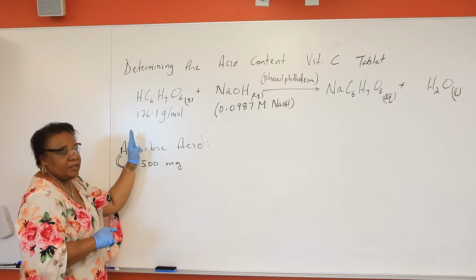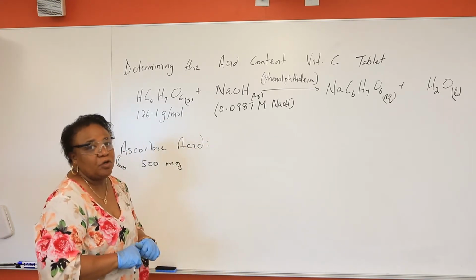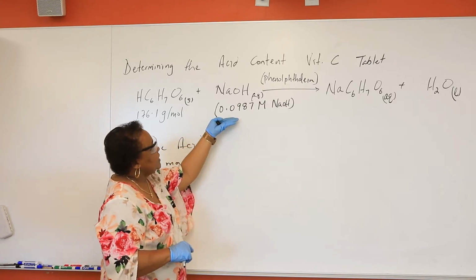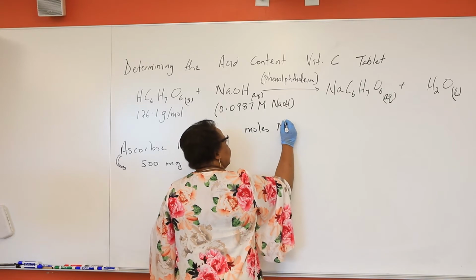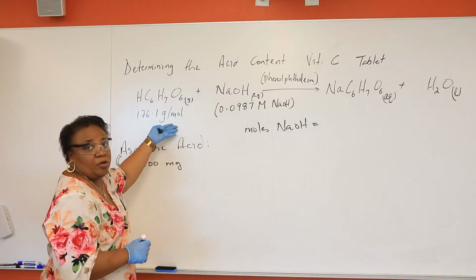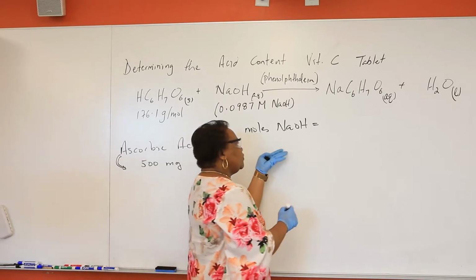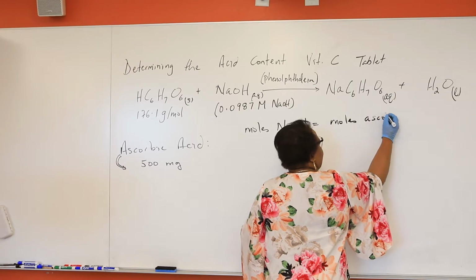Just as always, you should recall that everything is based on a balanced chemical equation. If the moles of sodium hydroxide can be determined, because this is a 1-to-1 ratio, then the moles of sodium hydroxide will be exactly equal to my moles of ascorbic acid.